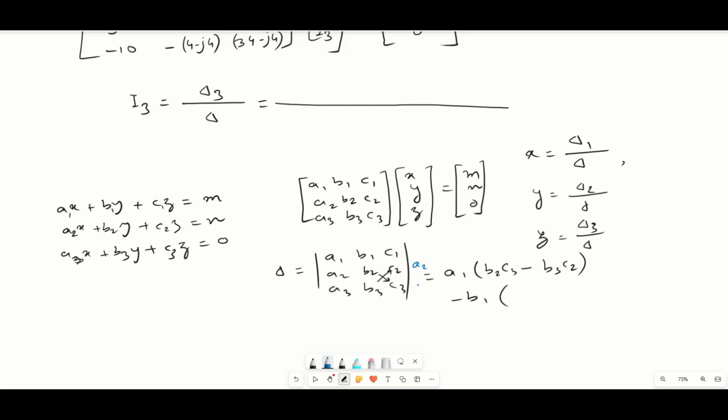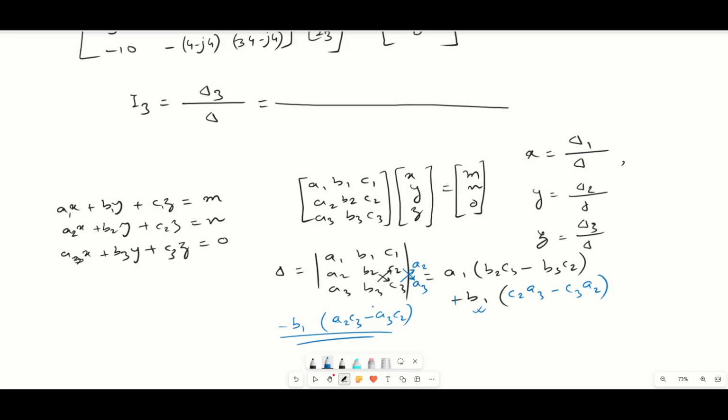I am repeating the first term here again, and if we do it, then it will be plus, so it will be c2a3 minus c3a2, which will be similar to the convention of minus b1, then multiplying the terms like c3 a2 minus a3 c2, these two are the same.